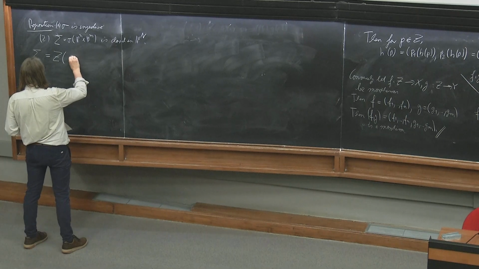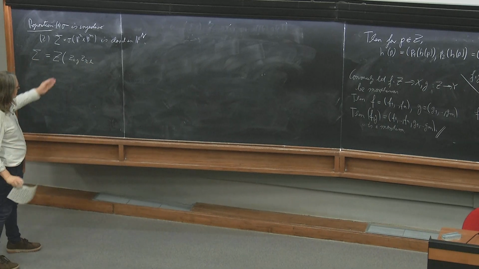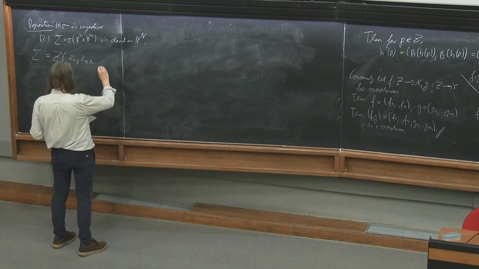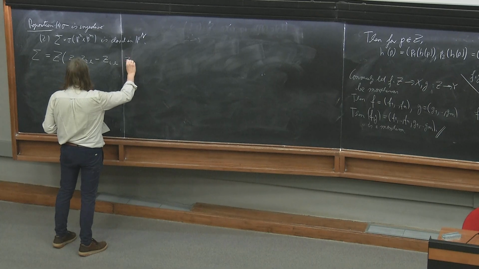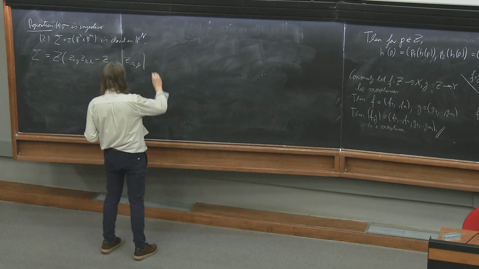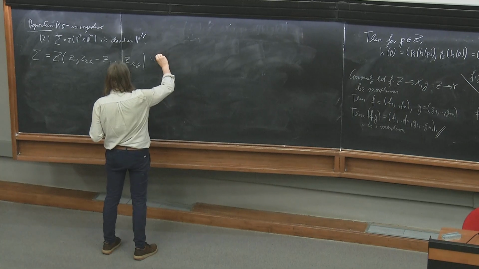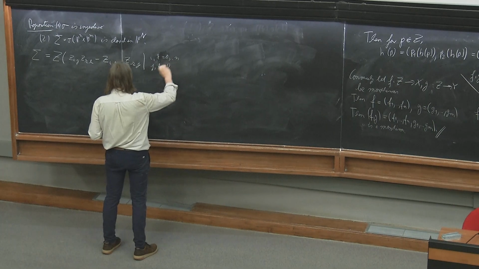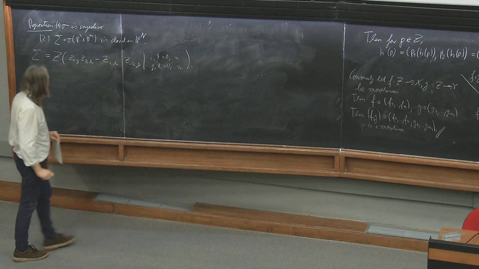So I take Z_ij Z_kl minus Z_il Z_kj, where i and k run from 0 to n, and j and l from 0 to m. Remember, the coordinates on P^N were given by such pairs of numbers.